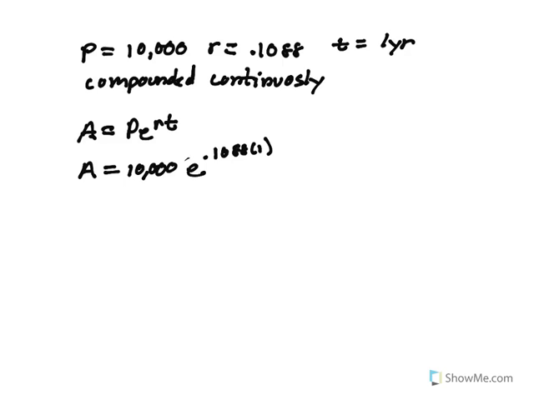In order to do this on a calculator, if you have an iPhone, you can do it right on the iPhone. If you press the calculator app and then tilt your phone horizontally, it turns into a basic scientific calculator. You enter the 0.1088 value, the rate, whatever you get when you do r times t.